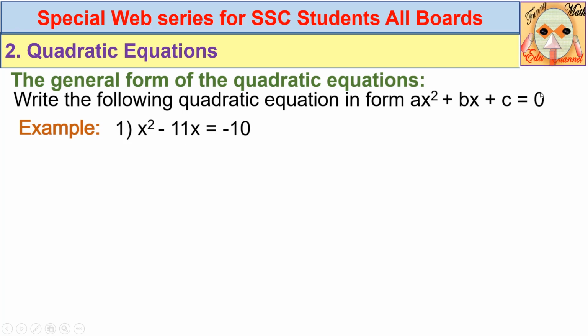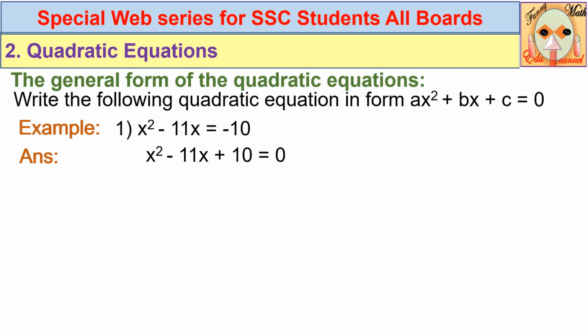As in the general form you observe, to the right there is 0 and to the left all these three terms. So shift only this minus 10 to the left, and so you have the change. And so the answer is x square minus 11x plus 10 equal to 0. This is the quadratic equation.